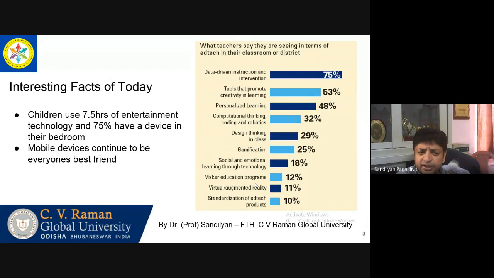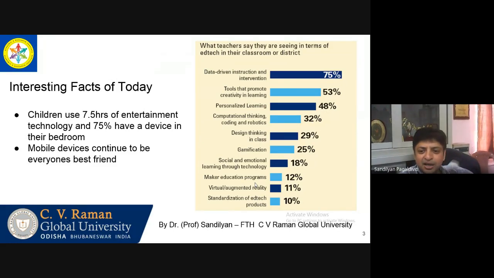It's an interesting slide here, where we can make a note that in today's date, about 7.5 hours of entertainment technology is being used by children, and interestingly, more than 75% of the children have a device, whether it is a mobile or a laptop or a tab, in their bedroom.